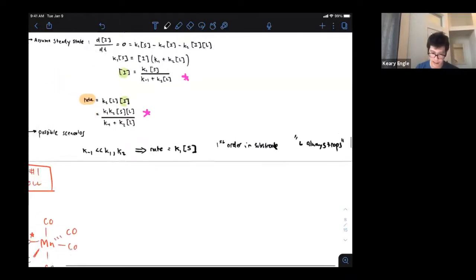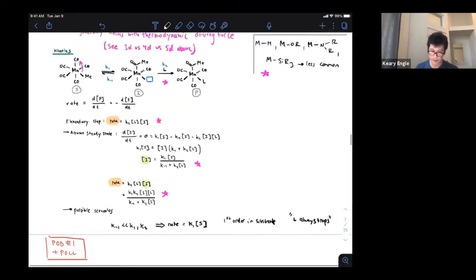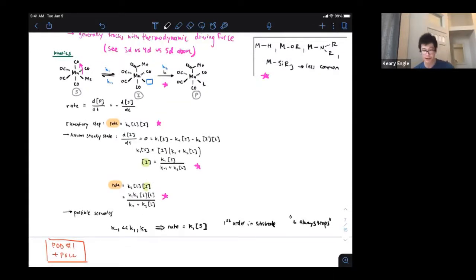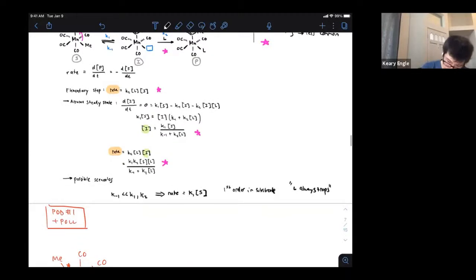So let's zoom out on that. What that means is that the reverse step is very slow in this scenario. So in every atomic event where the methyl group migrates, it is successfully trapped by the ligand. And that's this scenario and what the rate expression looks like.